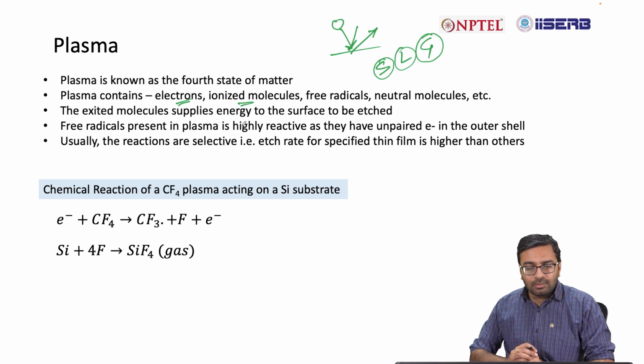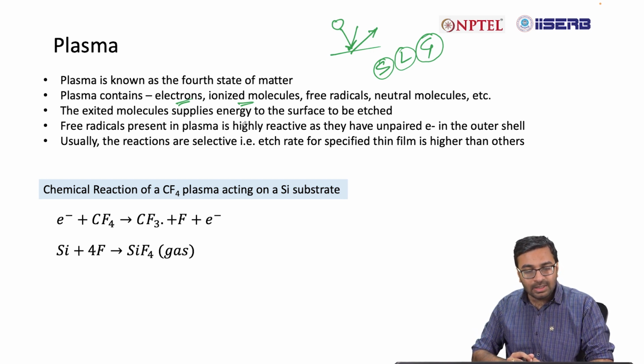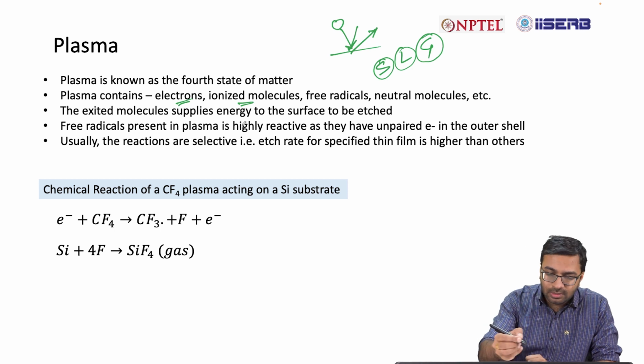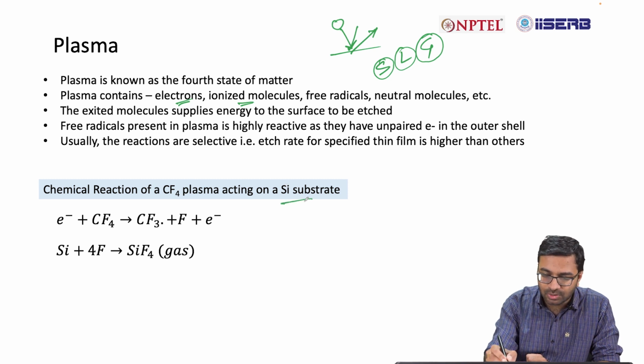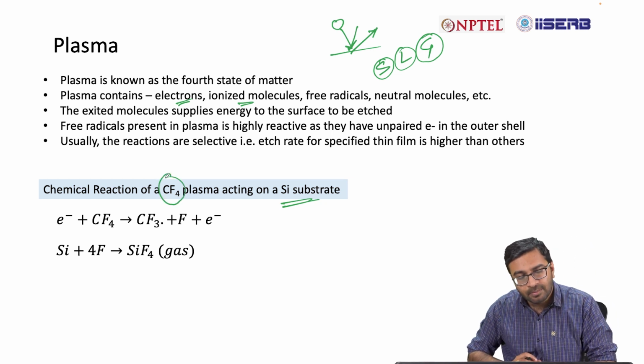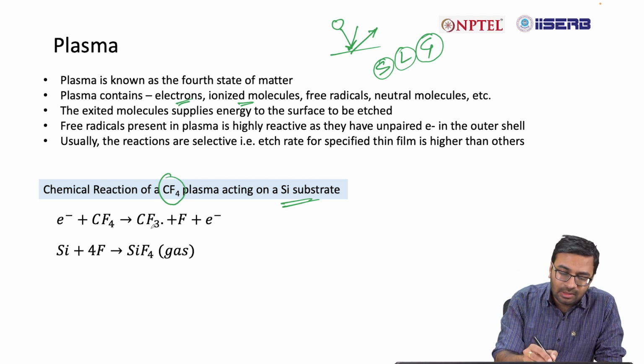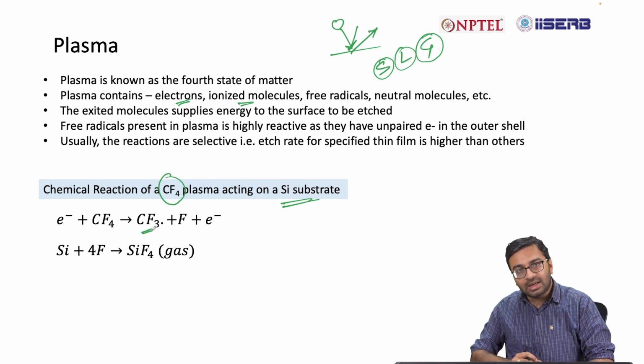Now one of the examples of chemical reaction in dry etching process is the etching process that generally people use for silicon substrates. So what they do is they introduce CF4 gas inside the chamber, and then when they produce plasma of that material, then in that plasma they find CF3 radical which is very reactive in nature.